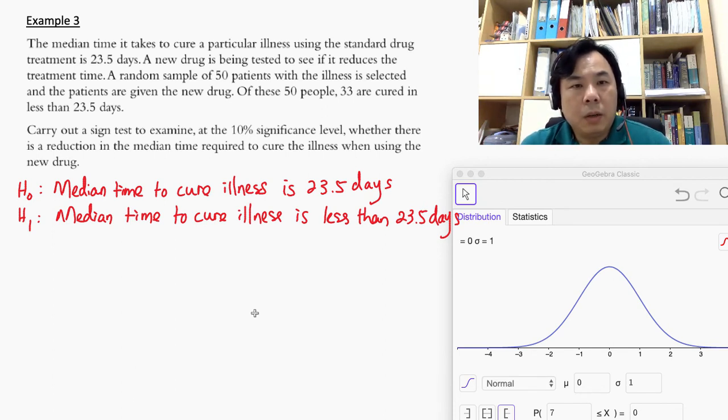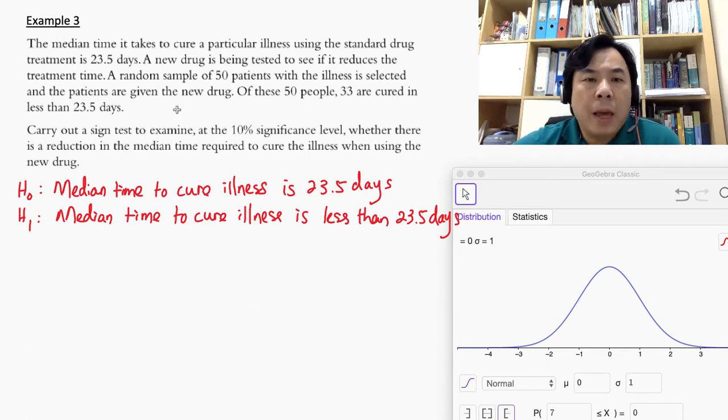Next, the same thing, we are going to identify our x. What does the x actually represent first?